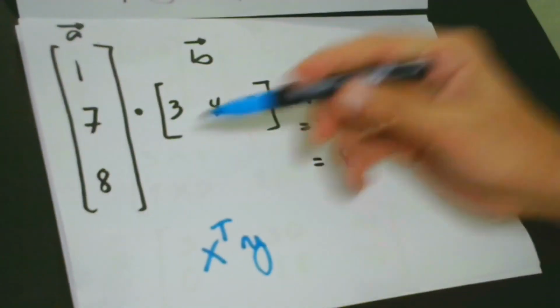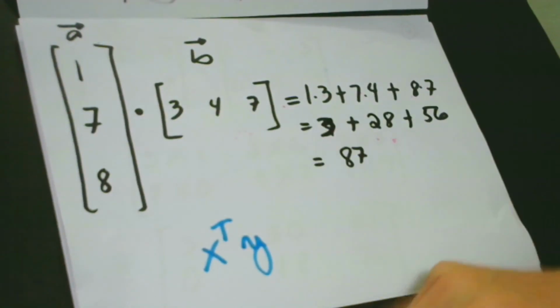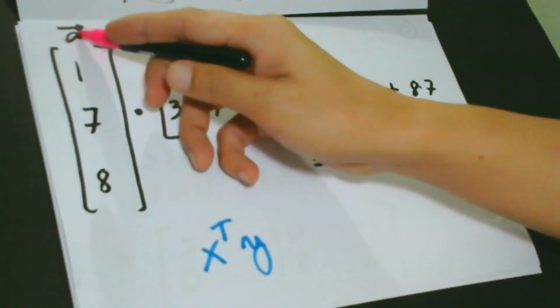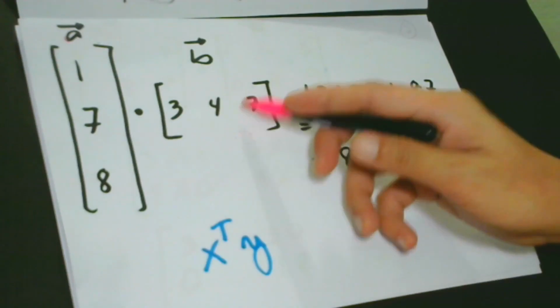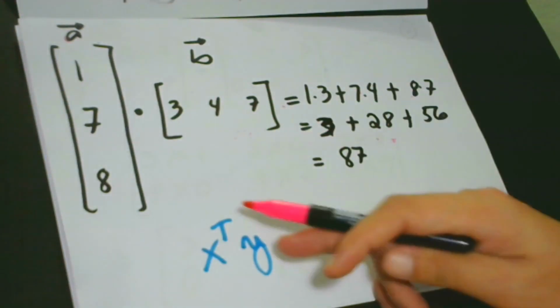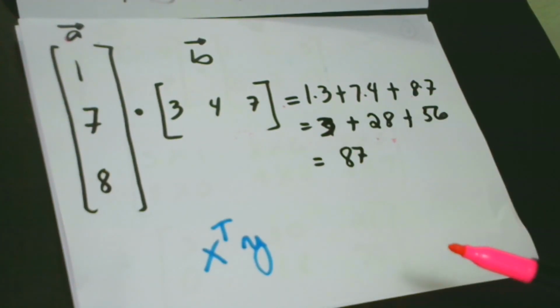So here, this is vector A multiplied to vector B. We said again that the product is the transpose. So what is the transpose here?